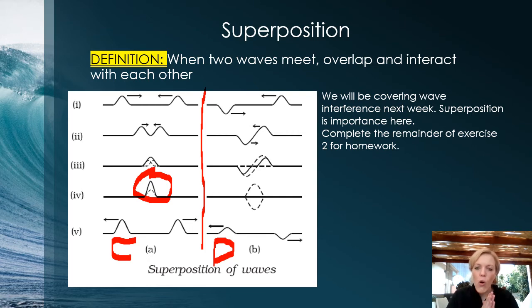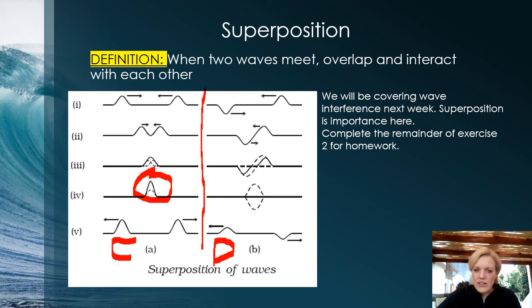It's going to equal to 4 meters because it's the sum of the two crests coming together at that moment in time. Then those particular waves or those crests are just going to carry on. They're just going to return back to where they came from. They interact and they carry on moving.